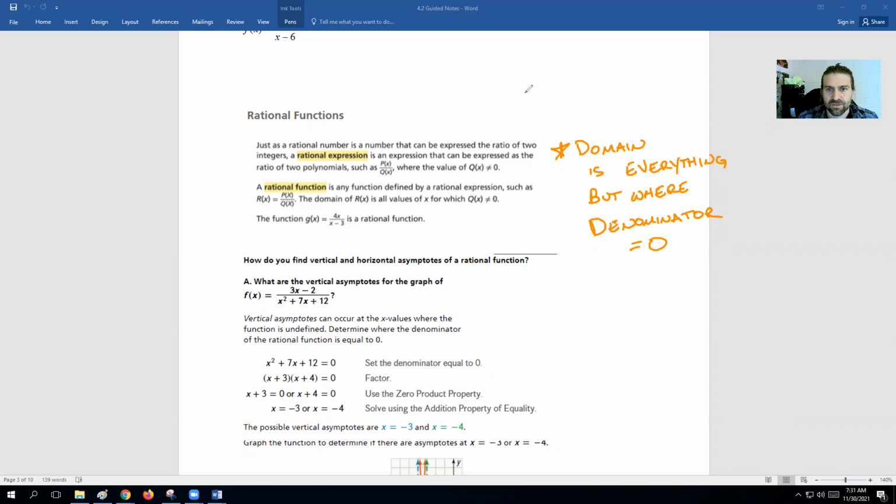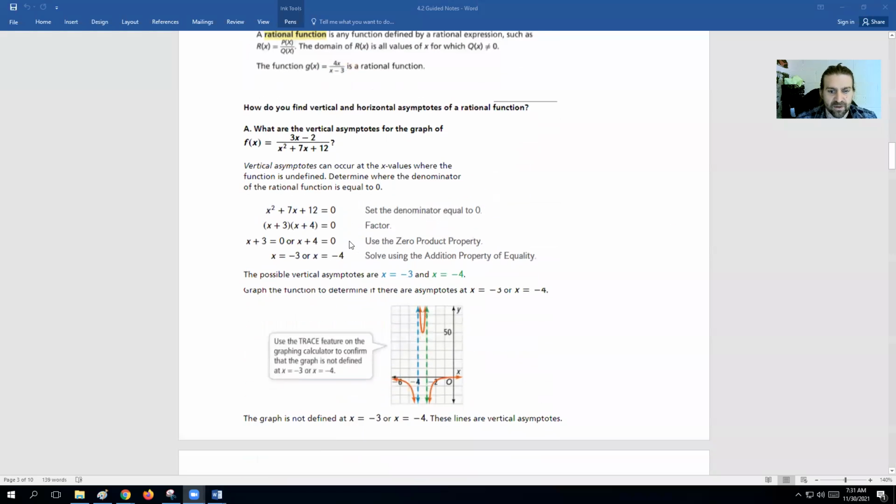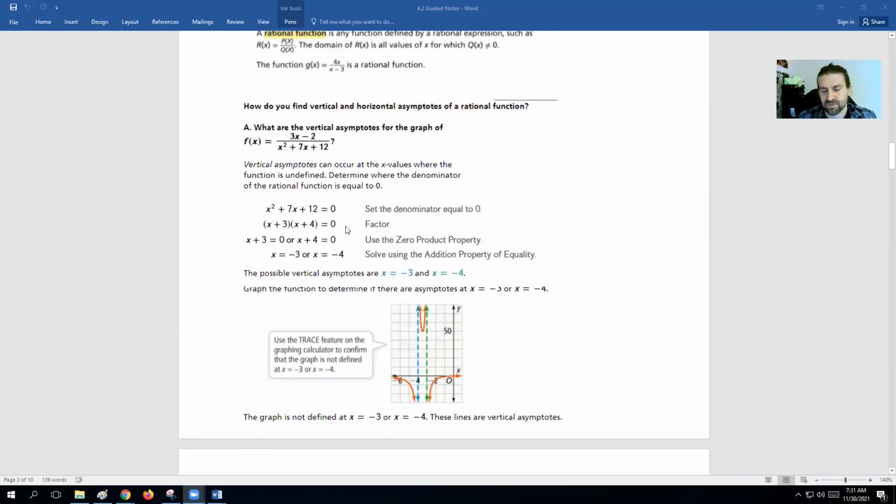Okay, so that's going to lead us to the next part: how do we find vertical asymptotes? What we have to do here is if we have a function, we have to look to see where the denominator equals 0. So when we have a crazier expression like this one here, x squared plus 7x plus 12, we're going to have to set it equal to 0.